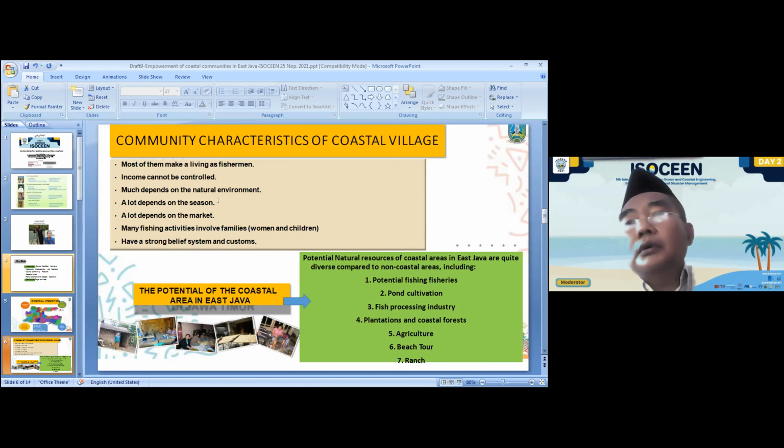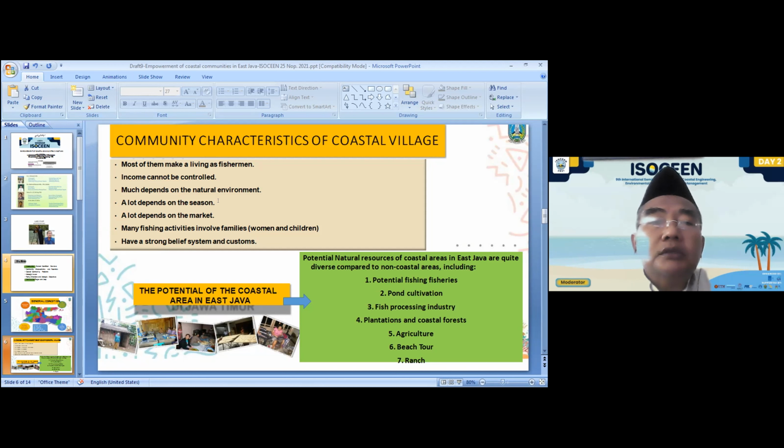That is a common problem for our people in coastal areas. A lot depends on the market. I mean, the price of the fish depends on the market.